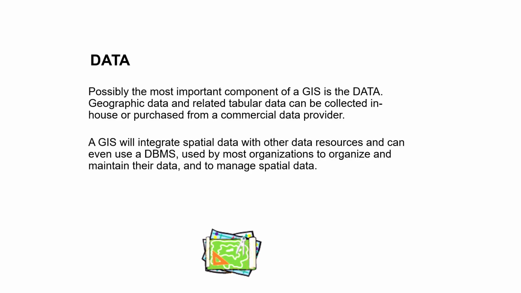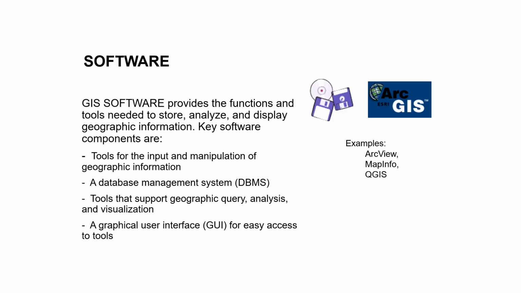Possibly the most important component of GIS is spatial data. These spatial data are related to tabular data and can be collected in-house or purchased from a commercial data provider. Software. Software provides the functions and tools needed to store, analyze, and display geographic information.